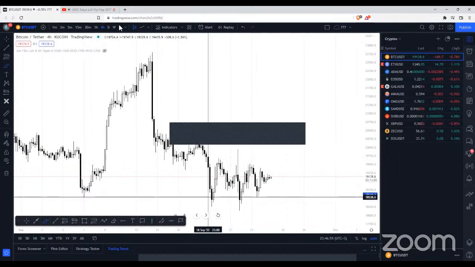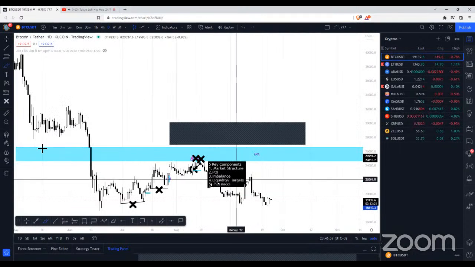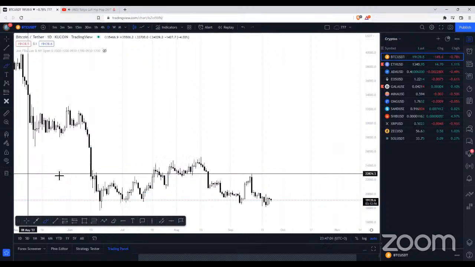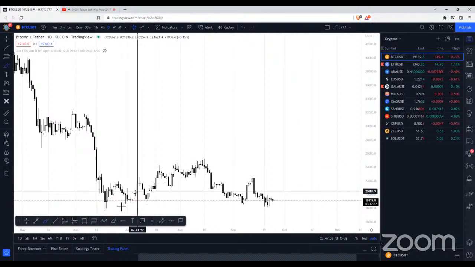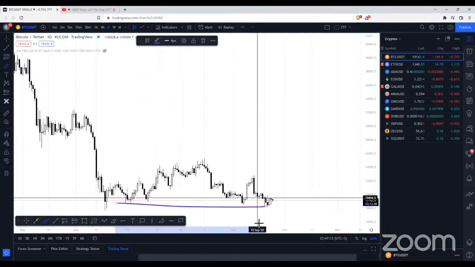I'm extremely bearish on Bitcoin. There's nothing bullish about this right now. You can even go on the daily time frame. You can see all this liquidity that's been swept. That's funny.